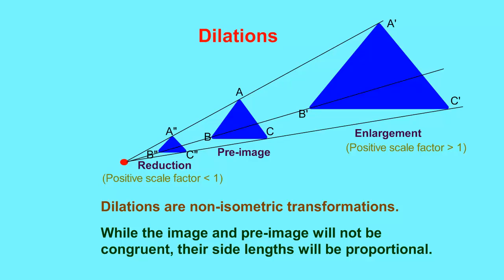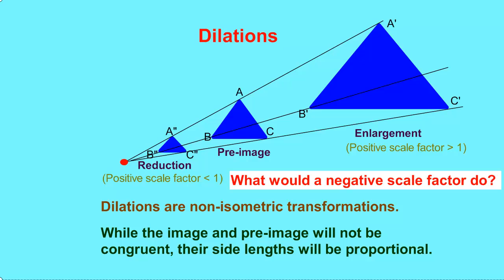They can make the pre-image get bigger, called an enlargement, if you multiply by a number greater than 1. They can make the pre-image get smaller, called a reduction, if you multiply by a fraction less than 1. And while the pre-image and the image won't be congruent, their side lengths will be proportional because of that scale factor.